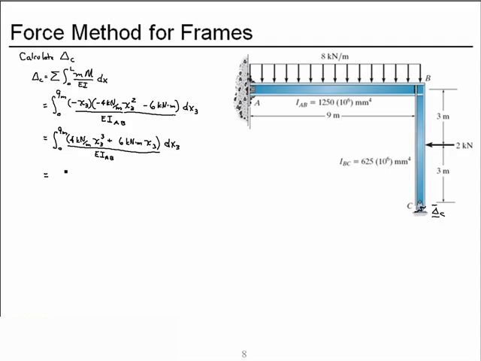When I integrate those, this term raises to the 4th power, and then we divide by 4, so I'll get 1 kilonewton per meter x3 to the 4th. This term raises to the squared power, divide by 2, plus 3 kilonewton meter x3 squared, all divided by EI for member AB, evaluated now at 0 and 9 meters.